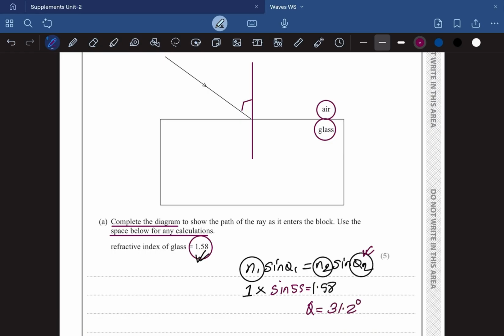Now you just draw a line by measuring with the protractor at 31.2 degrees. So this is going to be our 31.2 degrees. Make sure you are measuring with a protractor. Measuring with the protractor is extremely important.